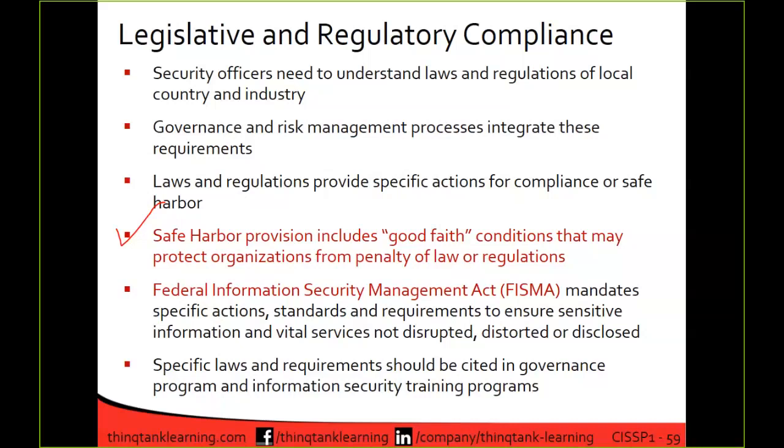It protects the operations and the assets, and its primary focus is against either natural or man-made threats. And it was signed into law, I believe, in early 2000. I don't remember the specific date, but I believe it was 2002, if I'm not mistaken.